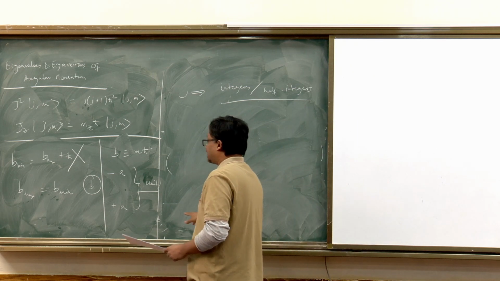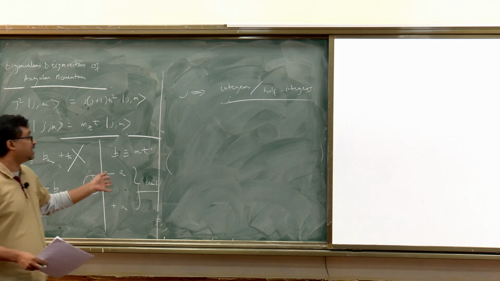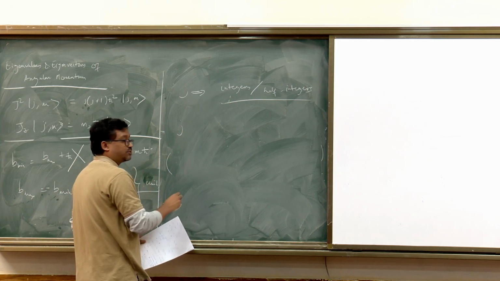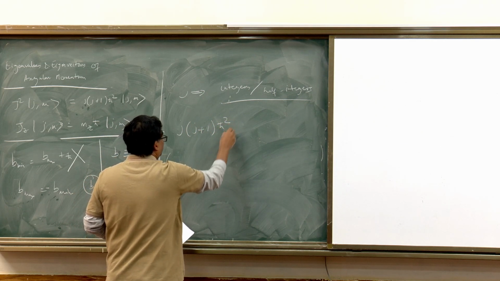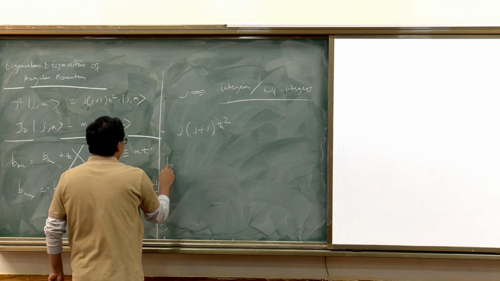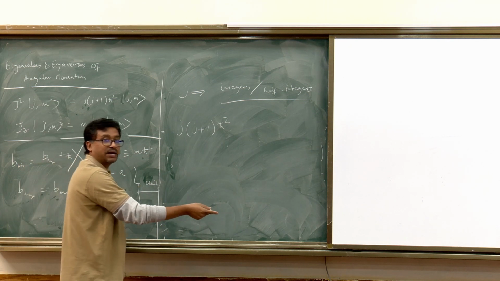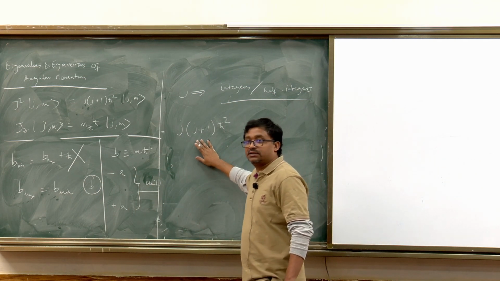And then we had a relation between A and B with B max and B min. You can plug that in, and the eigenvalue of j square would come out to be j into j plus 1 h bar square. If you take the eigenvalue of B to be m h bar, then you can plug in the maximum B max or B min, and you will get this relation.